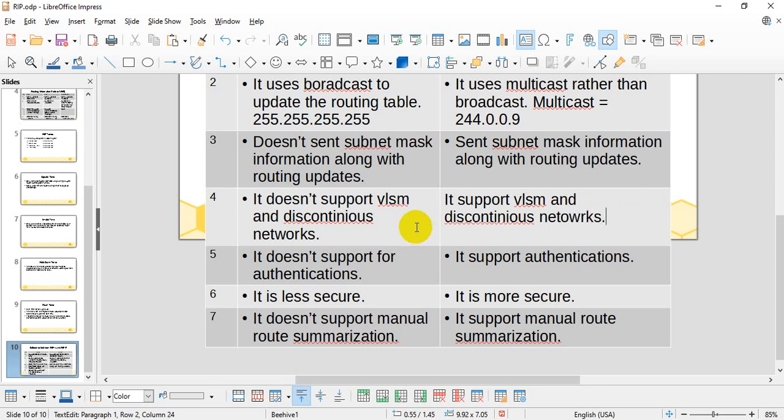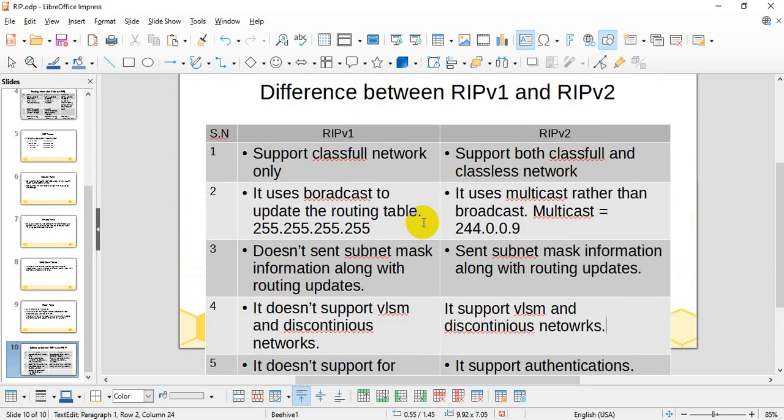Okay, and now again I will summarize the difference between RIP version 1 and version 2, which stand for routing information protocol version 1 and version 2.